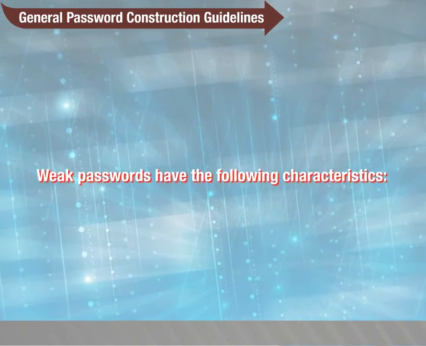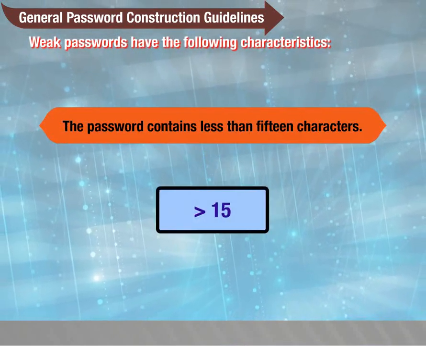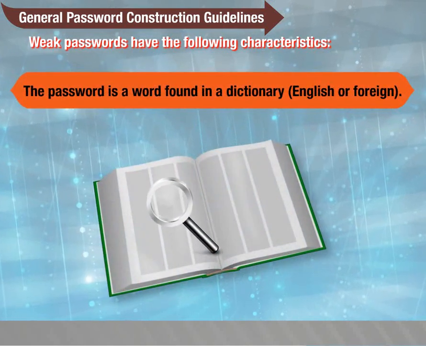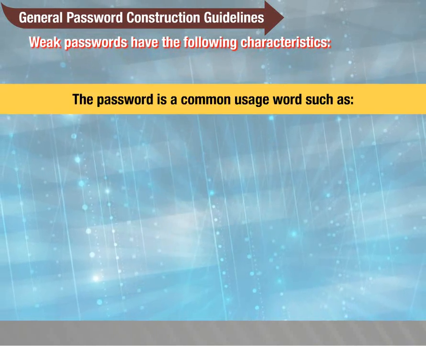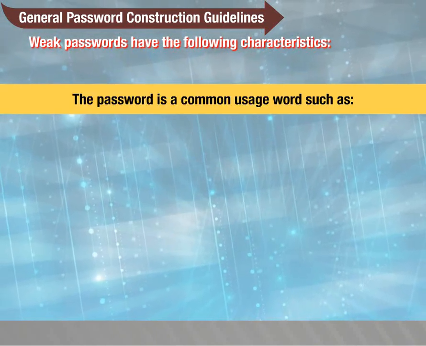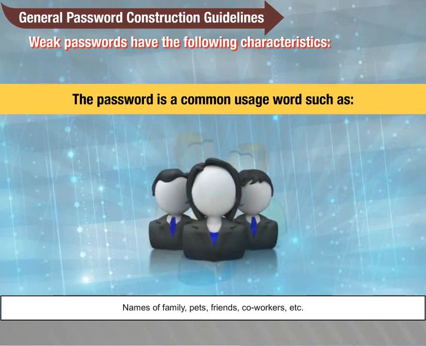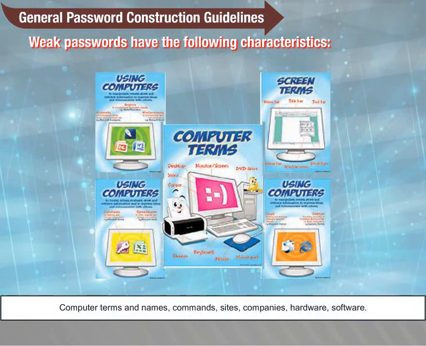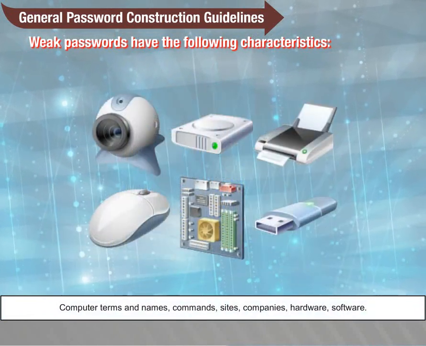Weak passwords have the following characteristics. The password contains less than 15 characters. The password is a word found in a dictionary, English or foreign. The password is a common usage word such as names of family, pets, friends, co-workers, etc. Computer terms and names, commands, sites, companies, hardware, software.